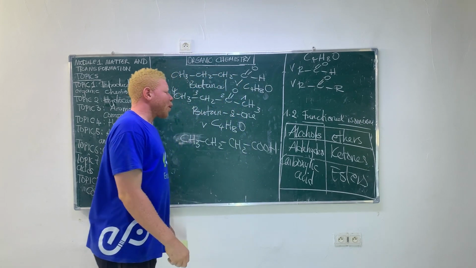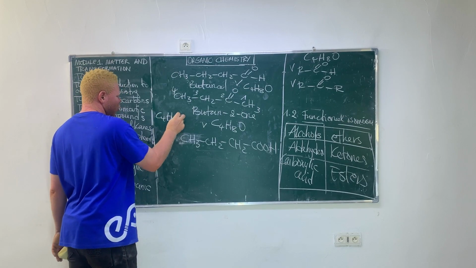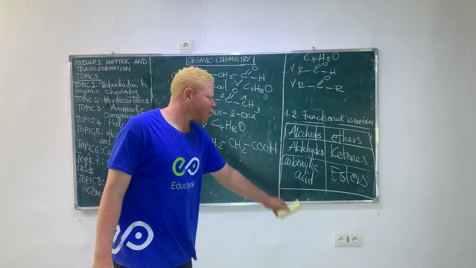Beautiful. This is a carboxylic acid formula. The formula is C4H8O2. Beautiful. So that is the carboxylic formula.